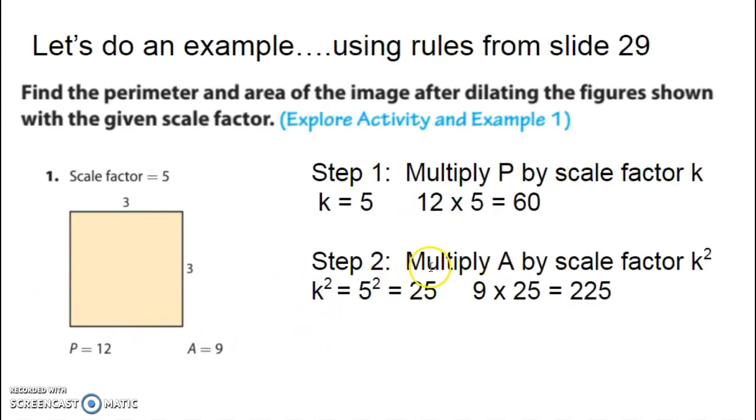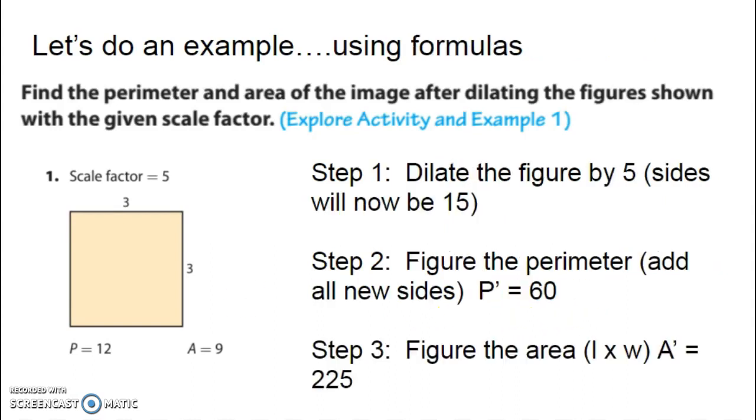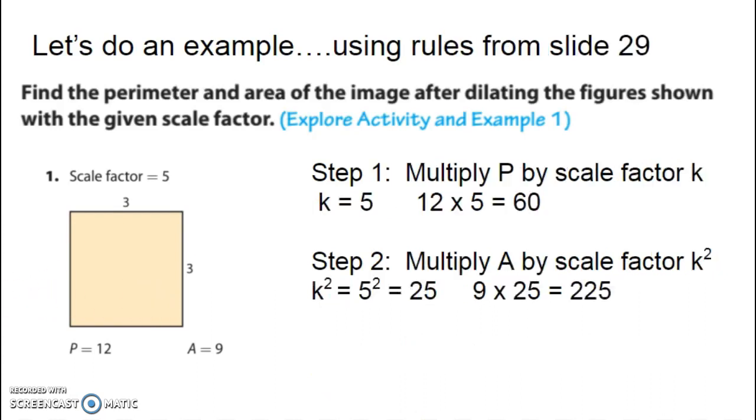And to get the area, you multiply the area, which is 9, by the scale factor squared, k squared. In that case, k squared is 5 squared, because the scale factor is 5, which gives you 25. 9 times 25 is 225. See? Same as this one. You can use either method to find the area and the perimeter. We're going to use this method going forward.